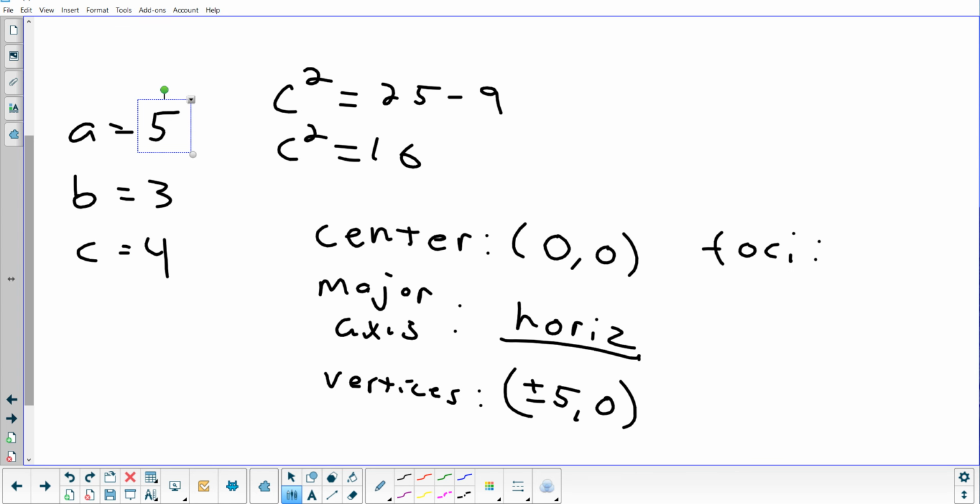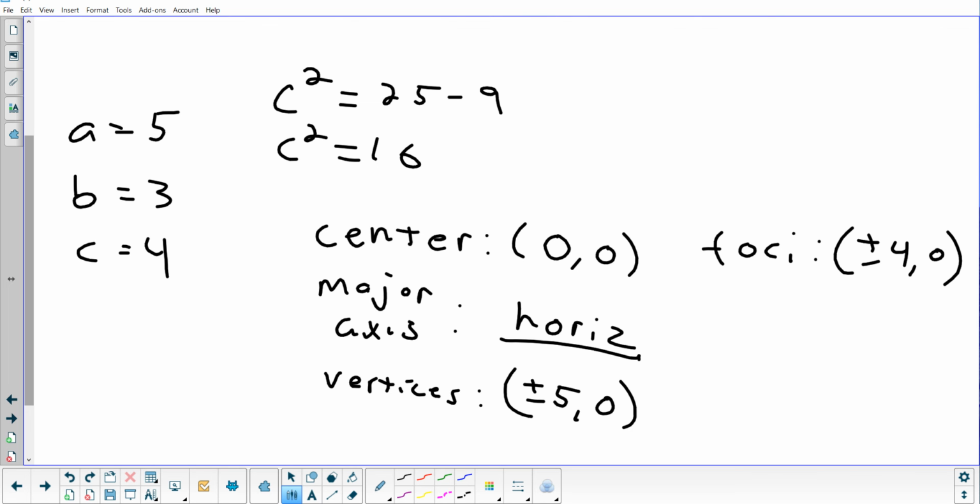Like 4 units above and below, or left and right? It's left and right again. Everything is horizontal in this problem. Can you tell me what 4 units left of center would be? Negative 4, 0. And 4 units right of center? 4, 0. And those are all the important things that they would ask you to describe from an equation.